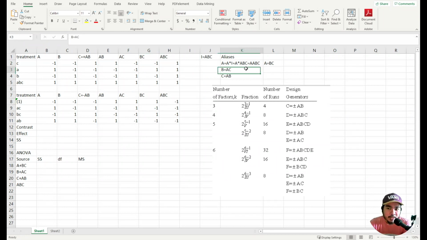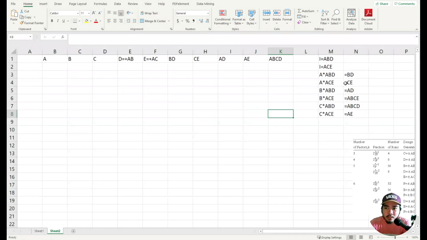So kaya although dito kasi kasama lahat, no? Kunwari, A is this column, BC, B is this column, AC, tapos C is equal to AB. Ito. So dito kasi, we have multiple other columns no, na hindi naman kasama sa aliasing. So hindi natin need siya in a way. Tama ba?